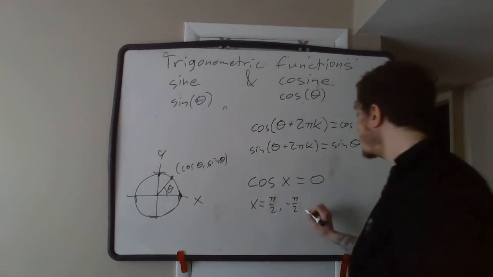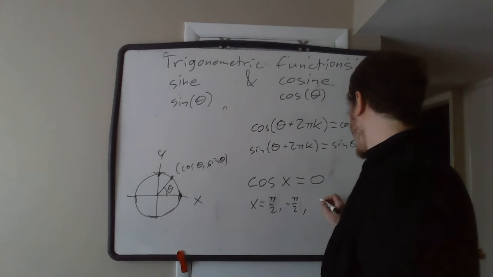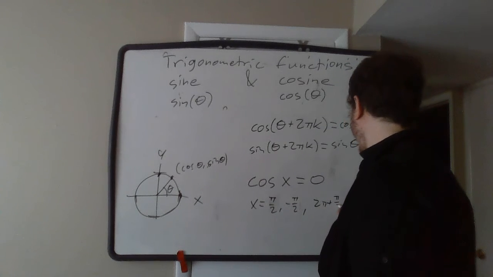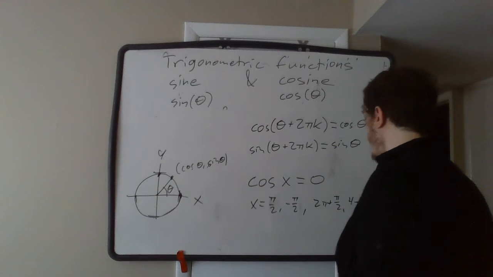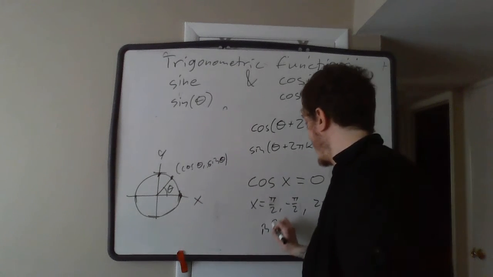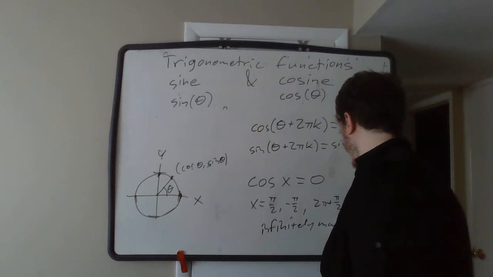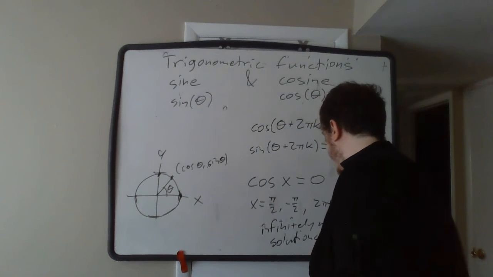But then I could also start adding multiples of 2 pi to this. So I could get 2 pi plus pi over 2. I could get 4 pi plus pi over 2. I could do the same thing with the minus pi over 2. There are infinitely many solutions.